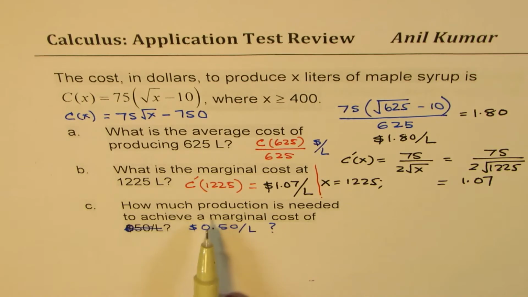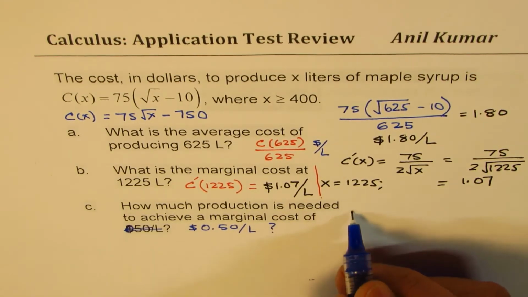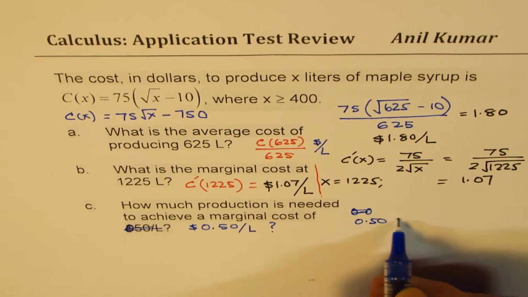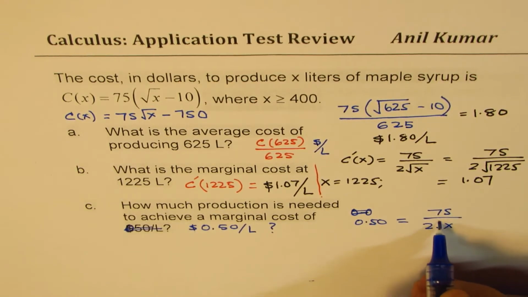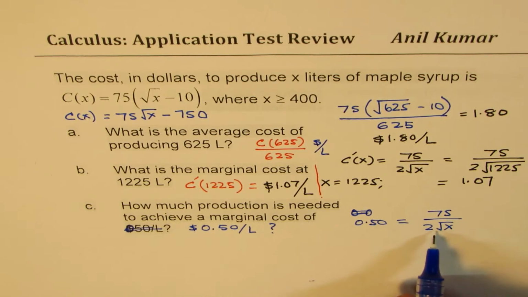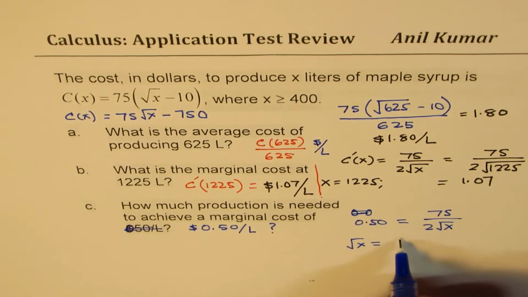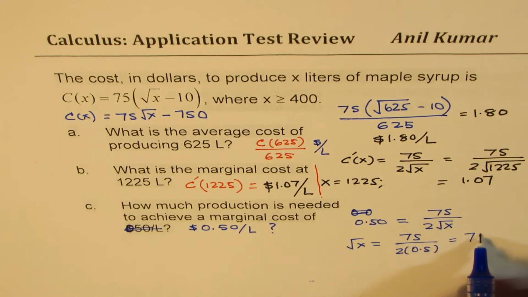Now the last part is, how much production is needed to achieve a marginal cost of that much? So we know the left side now. So we could write this as 0.50 equals 75 over 2 square root of x. So cross multiply, right? So when you cross multiply, you get square root of x as equal to 75 over 2 times 0.5, which is 75, correct?